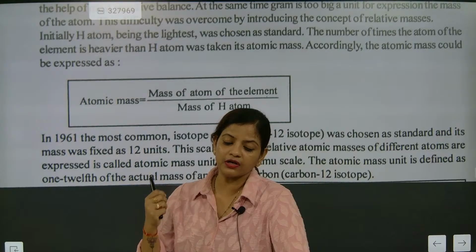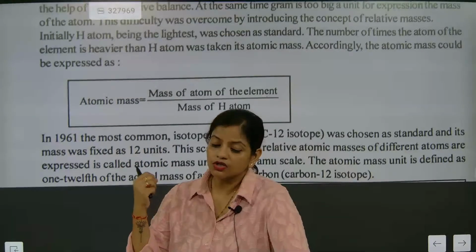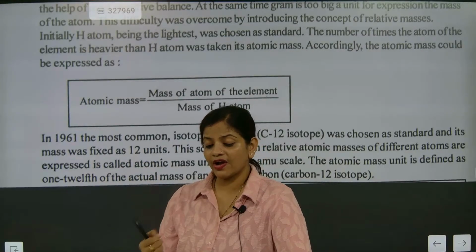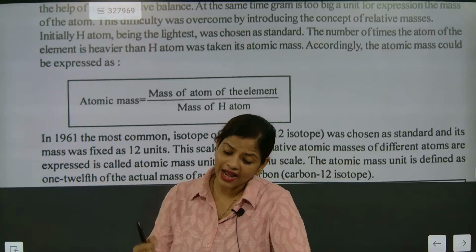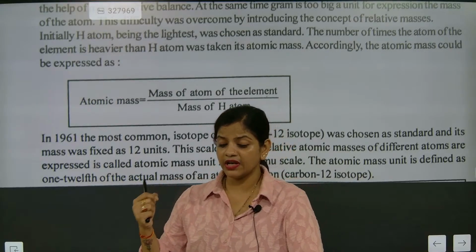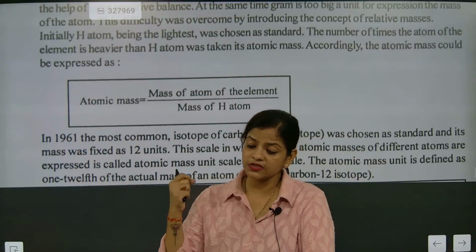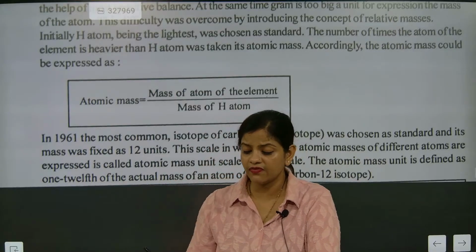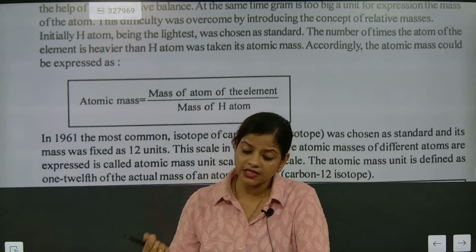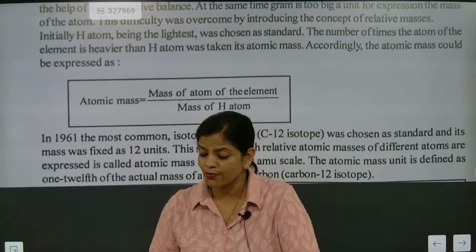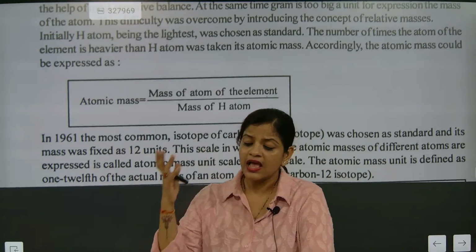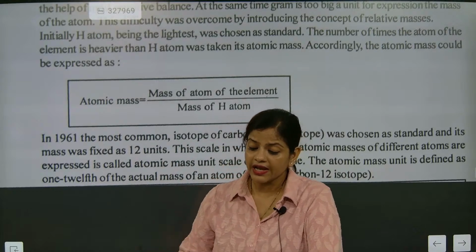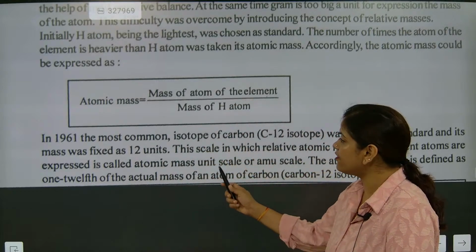So they tried to find the relative mass, and first chose hydrogen. But hydrogen's mass is very small, so they chose another element: the C-12 isotope of carbon as the standard mass. After that its mass was fixed.